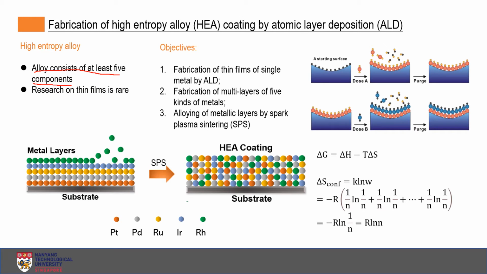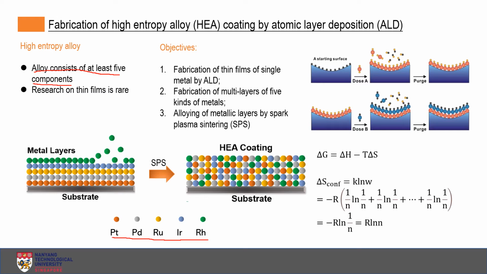First, we need to fabricate thin films of single metal. And second, we need to fabricate the multi-layers of 5 different kinds of metals. In our project, we choose Pt, Pd, Ru, Ir, Rh, 5 noble metals as the components.